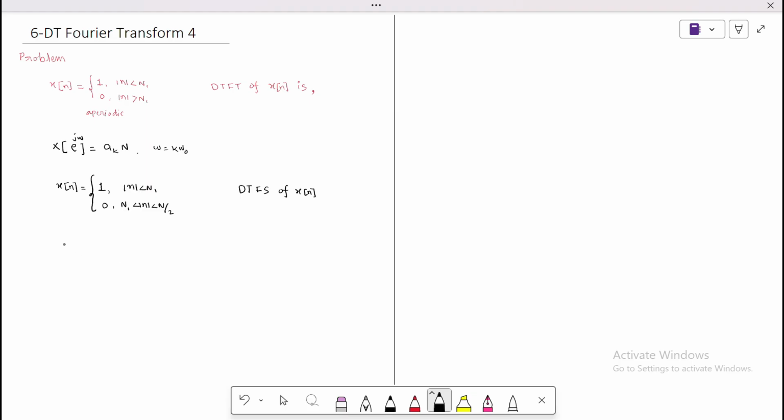Here I'm directly writing the Fourier series coefficient ak, so ak is equal to sine of k omega naught into n1 plus 1 by 2, by N into sine of k omega naught by 2.